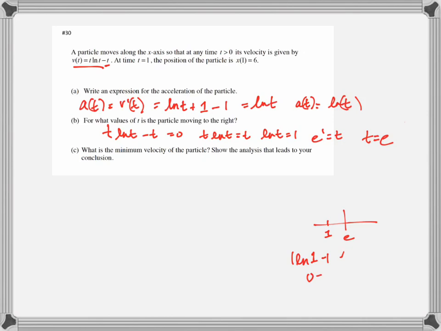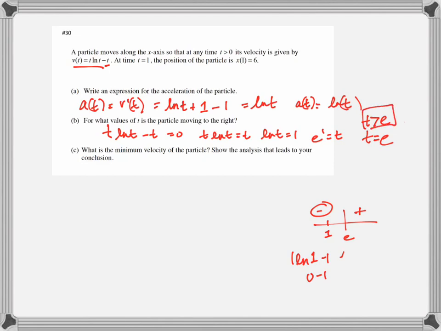So 0 minus 1 is negative 1, so it's negative. And then let's try 10. You would have 10 ln of 10 minus 10. You know it's going to be bigger than itself, so this is positive. So it's moving to the right for t greater than e.